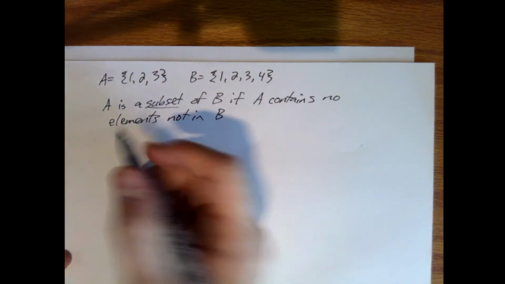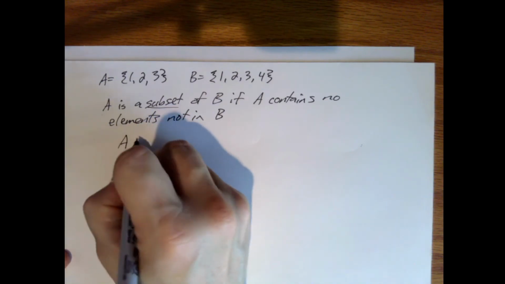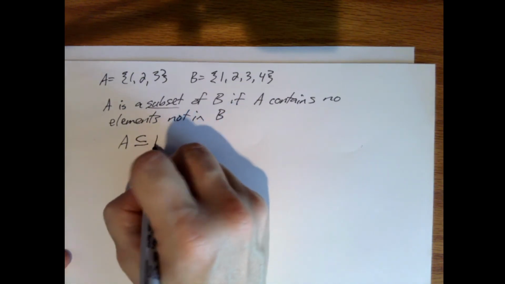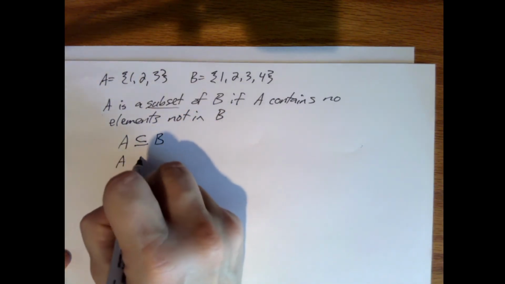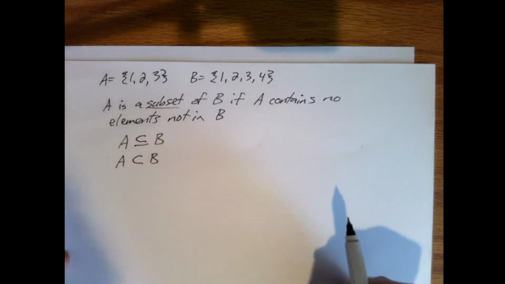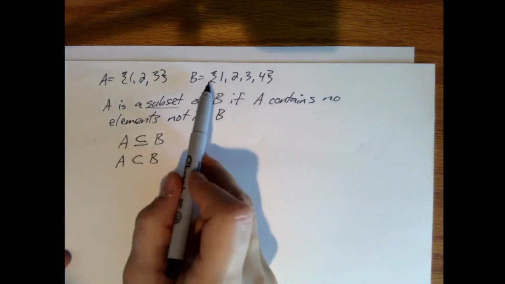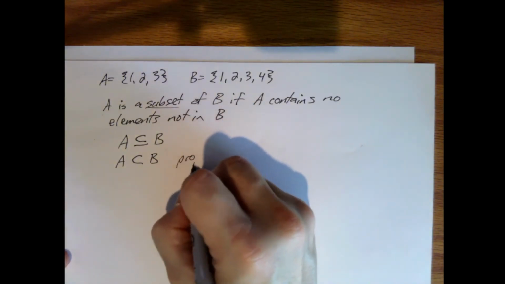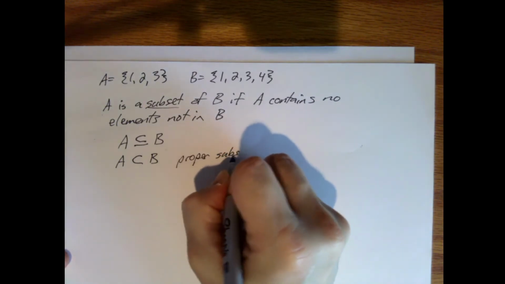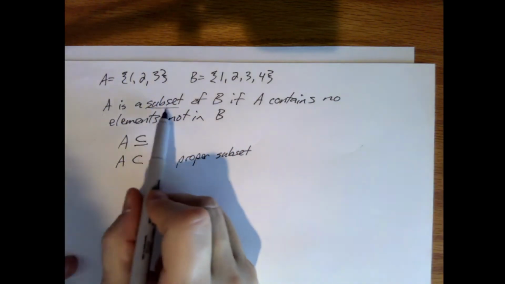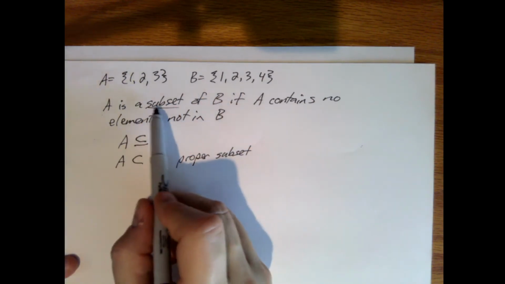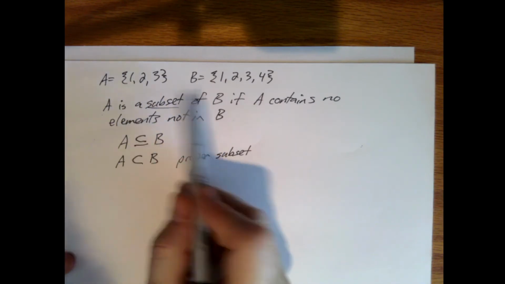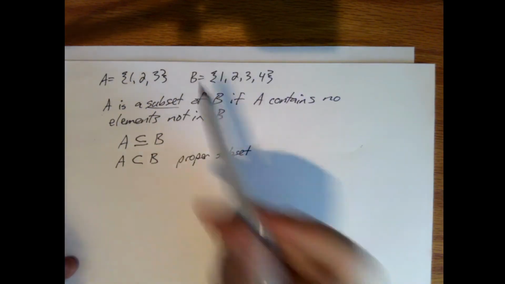So how do we write that? Well, I could write this, where it's sort of a sideways U, and then there's a straight line underneath it. Or I can write this. Notice that A here contains fewer elements than B. Okay? So it's what we call a proper subset. Now in English, you may use the word subset, and when I hear the word subset being used in everyday English, not that I hear it every day, I think less than what it came from, which is what we have here.